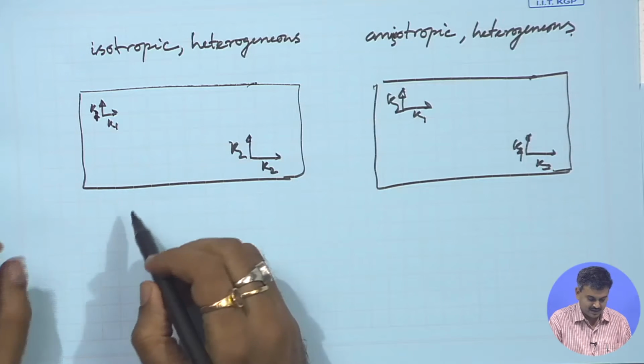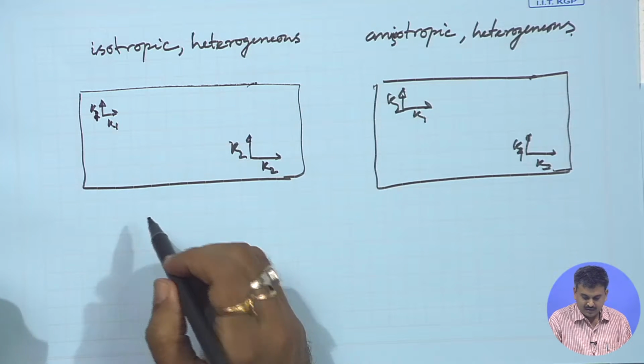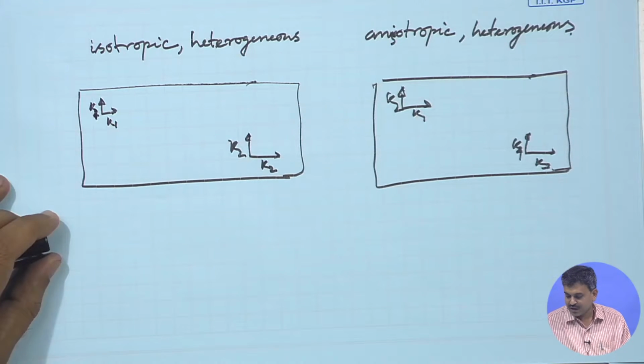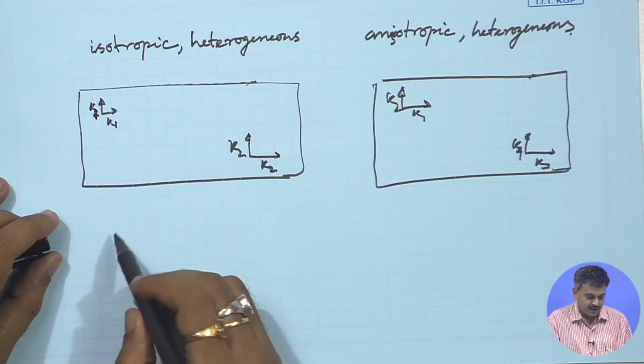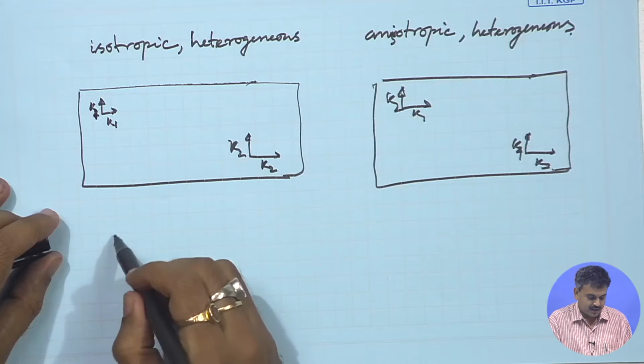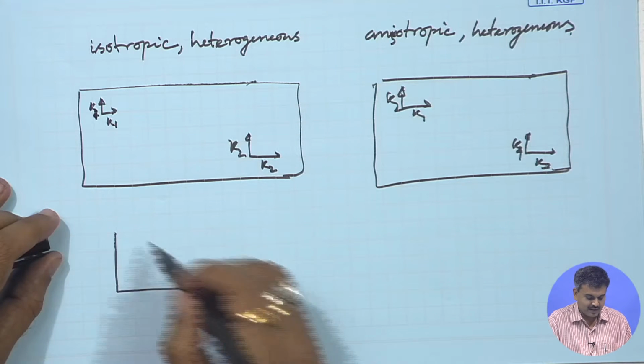Another one, although stochastic concept utilized, that is homogeneous uniform.